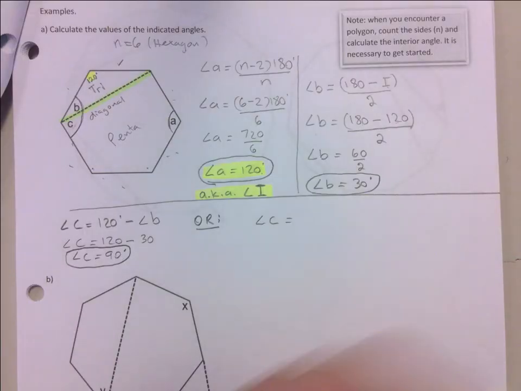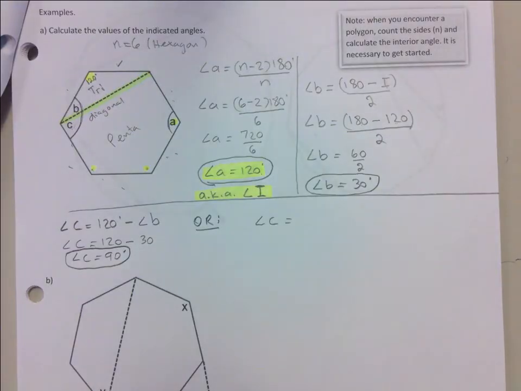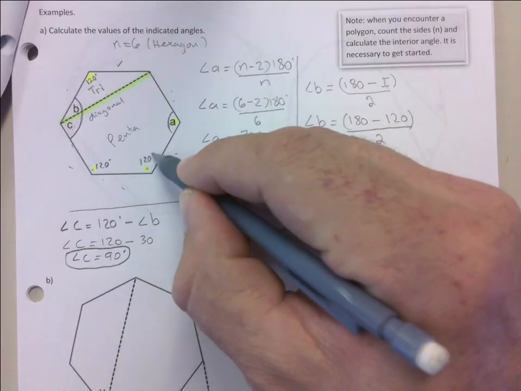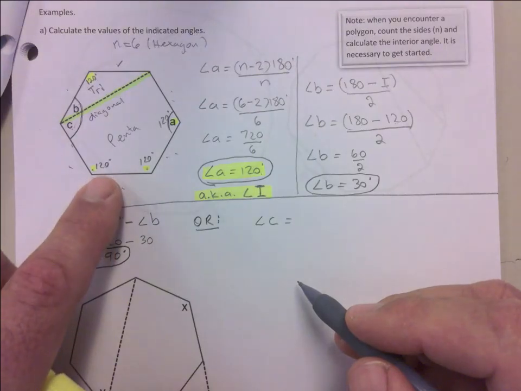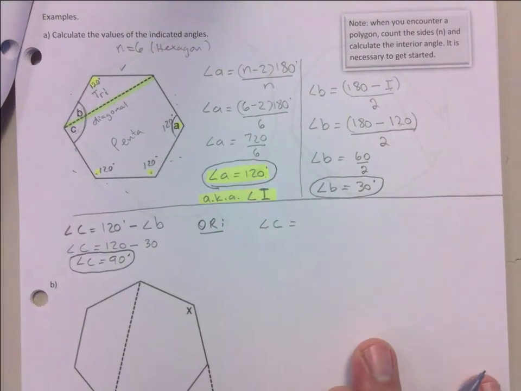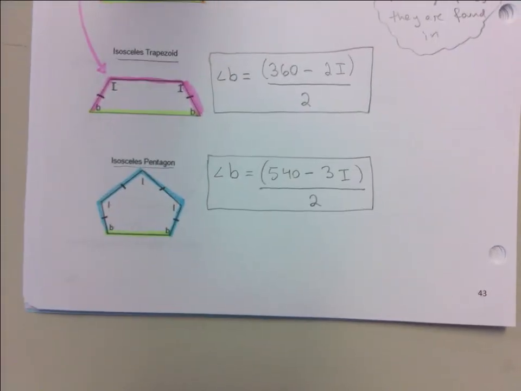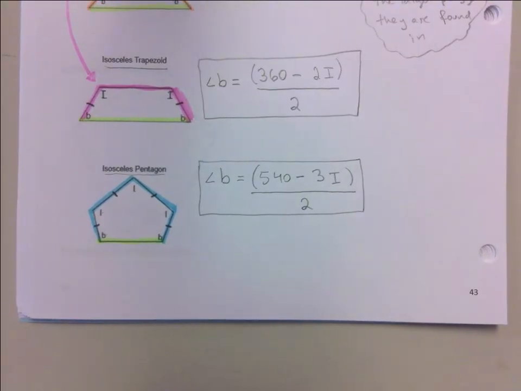I'm going to actually put a 1, 2, 3. They're all 120 here. 120, 120, 120. So if I use this formula, I'm just going to go back here real quick. If I use this one, I will also find out what angle C is in that case.